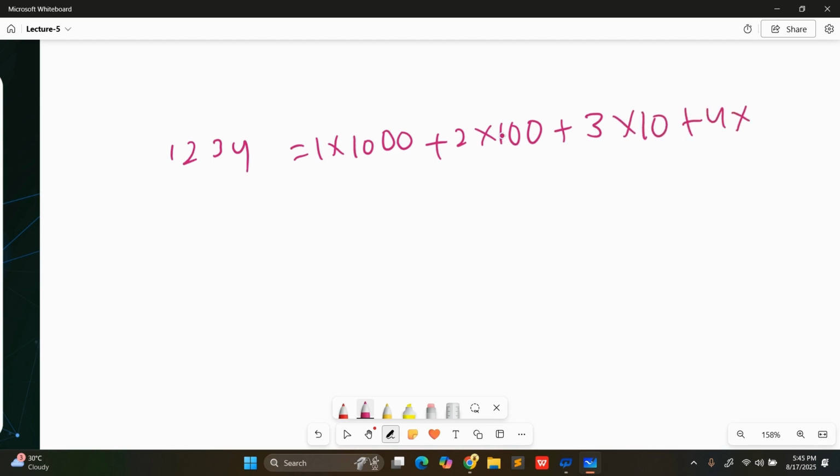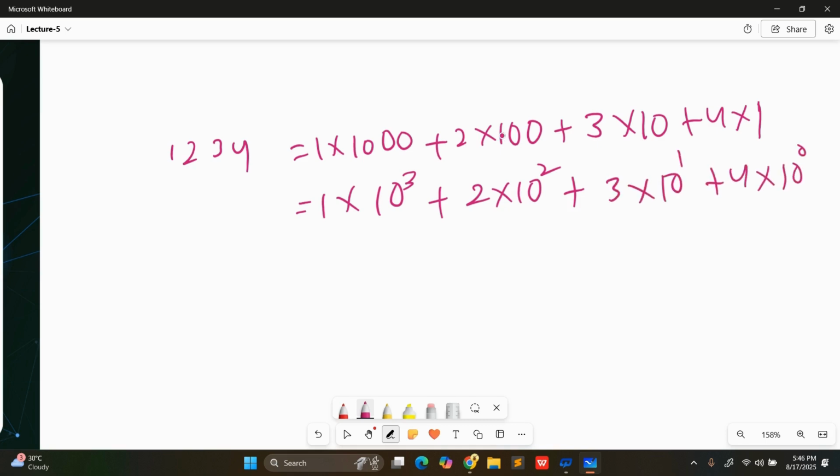Let's take this number as 1 2 3 4, and I will write the expanded form like 1000 plus 2 into 100 plus 3 into 10 plus 4 into 1, right? As it is, if I write in terms of powers of 10, it is 10 power 3 plus 2 into 10 power 2 plus 3 into 10 power 1 plus 4 into 10 power 0. How will the reverse of this number look?